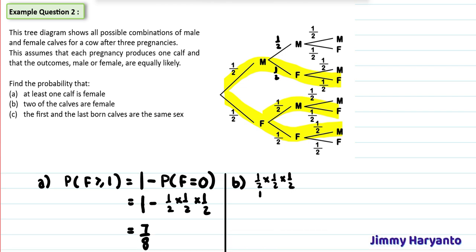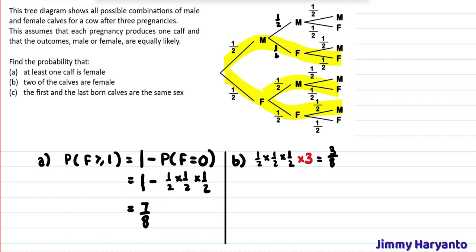The second one is half times half times half again, and then the third one is half times half times half. You can calculate it like that and then add them together, or you can simply multiply it by 3. So you have 3 over 8 as the result. Okay, and then C, the first and the last born calf have the same sex.